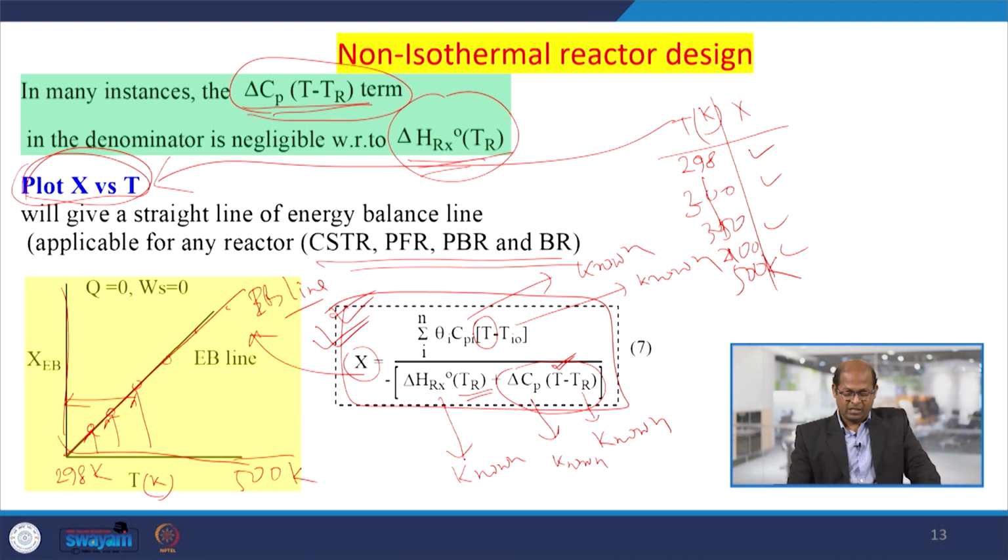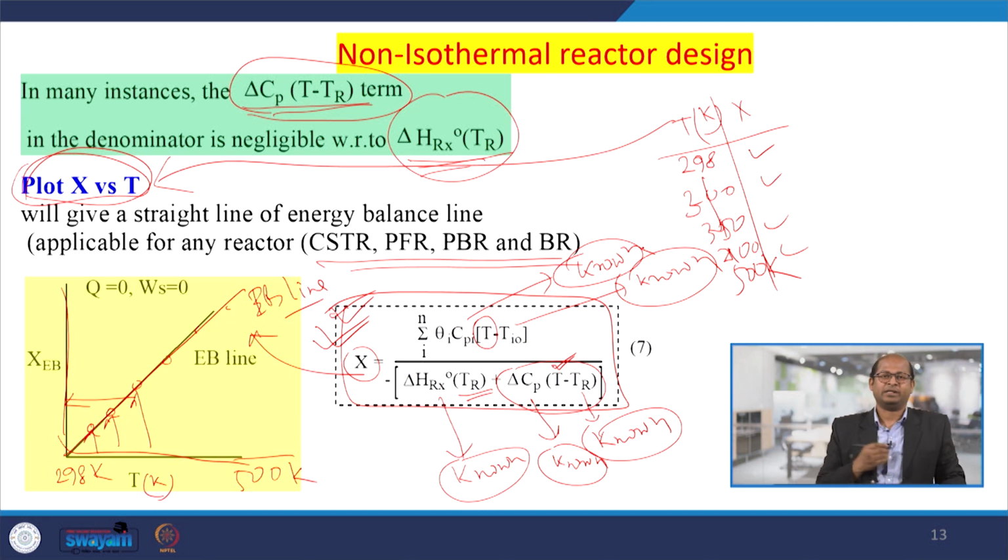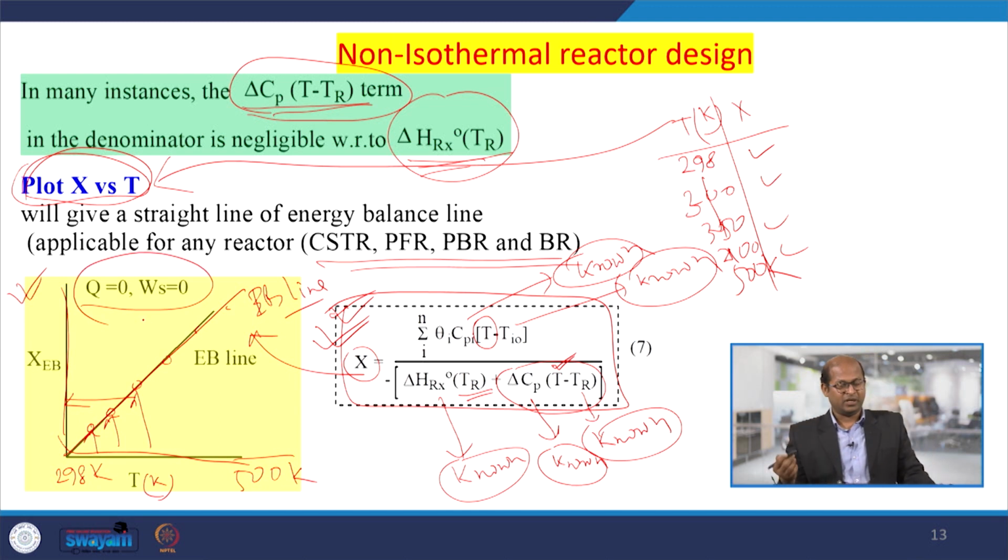If we know these components, then we know how the conversion and temperature are related for a particular system from the energy balance equations under adiabatic operations. This would be the energy balance line, and it can be applicable to any reactor: plug flow reactor, CSTR, packed bed reactor, batch reactor.